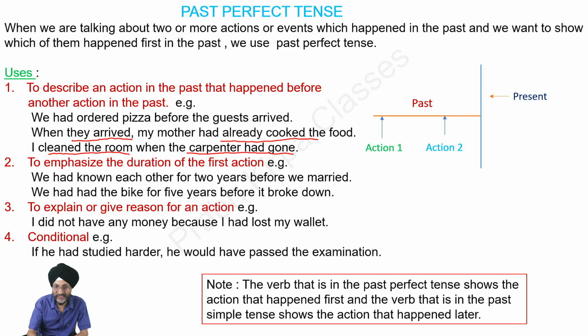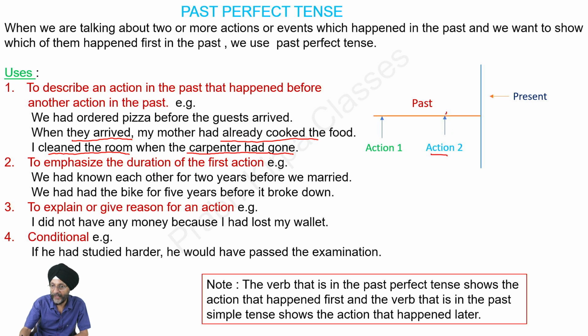Next, to emphasize the duration of the first action, when we want to emphasize the duration of the first action, we may also use past perfect tense. We had known each other for 2 years before we married. Suppose we married is the second action.